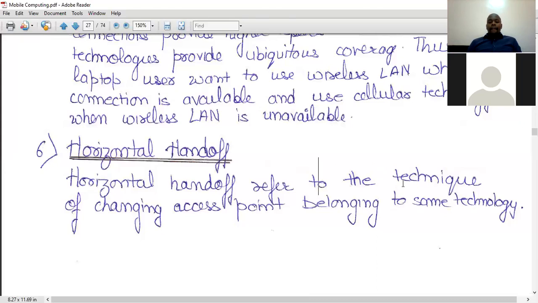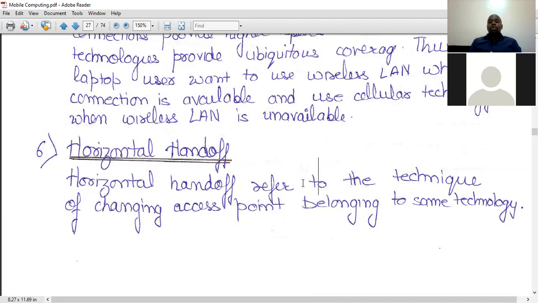So you actually realize that if I'm using my Wi-Fi, and then I change from my Wi-Fi to another Wi-Fi, because probably one has lost connection, it automatically connects to another Wi-Fi, another wireless LAN.